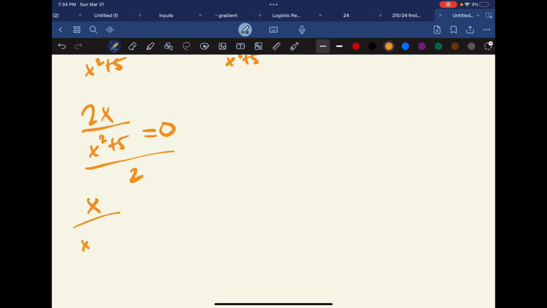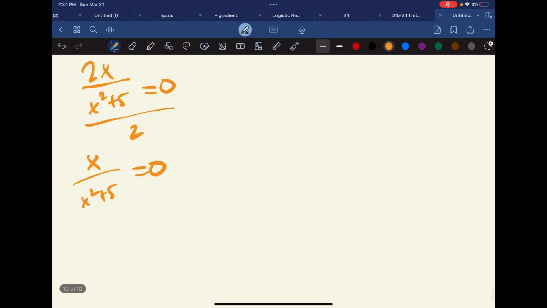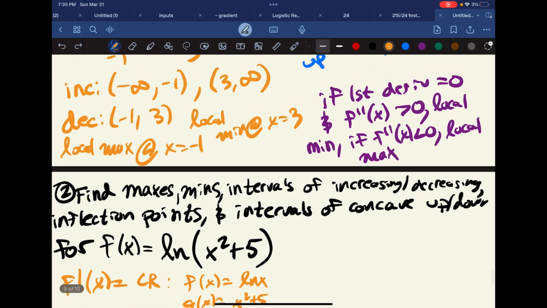We get x over x squared plus 5 equals 0. And we can tell that we have a critical point at x equals 0, because if we plug in 0, it makes the whole thing 0. So that's how we found our critical point.